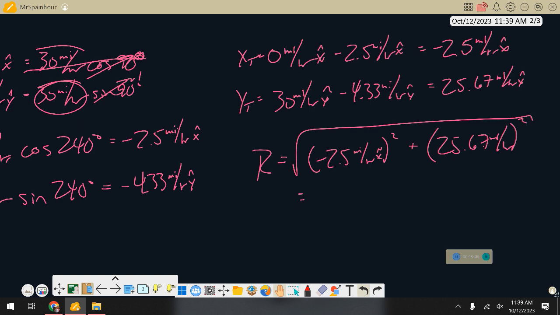And I get 25.8, which is, by the way, not that much different than that, which makes sense because that side is not very big. But that is still bigger, 25.8 miles an hour.